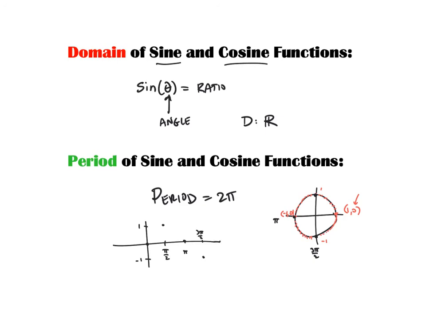And then at 2 pi, it's back to 0 again. So the graph of one period of the sine function, ooh, that wasn't great, it should look like that. You can see how it will start to duplicate itself the next time around. So the period equals 2 pi. Cosine will be slightly different, but its period will be exactly the same.